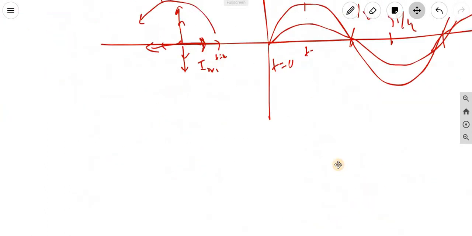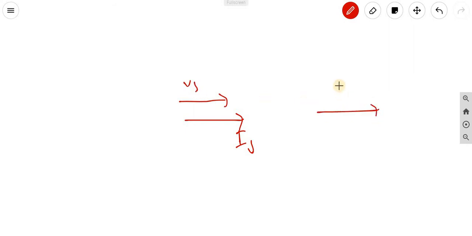So there are 3 components, and actually 4 components: one source current, one source voltage, one voltage across the resistance, and one current flowing through the resistance. This current and this current are equal, actually the same vector. This and this also will be the same vector.